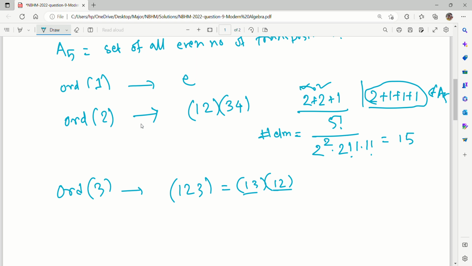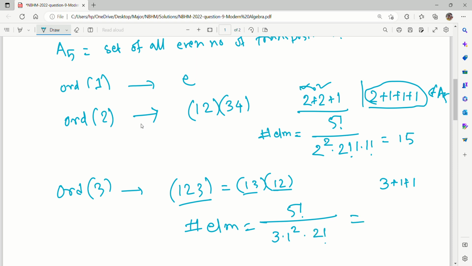The cycle type is 3 plus 1 plus 1. Hence the number of elements is 5 factorial divided by 3 times 1 squared times 2 factorial, which is 20.